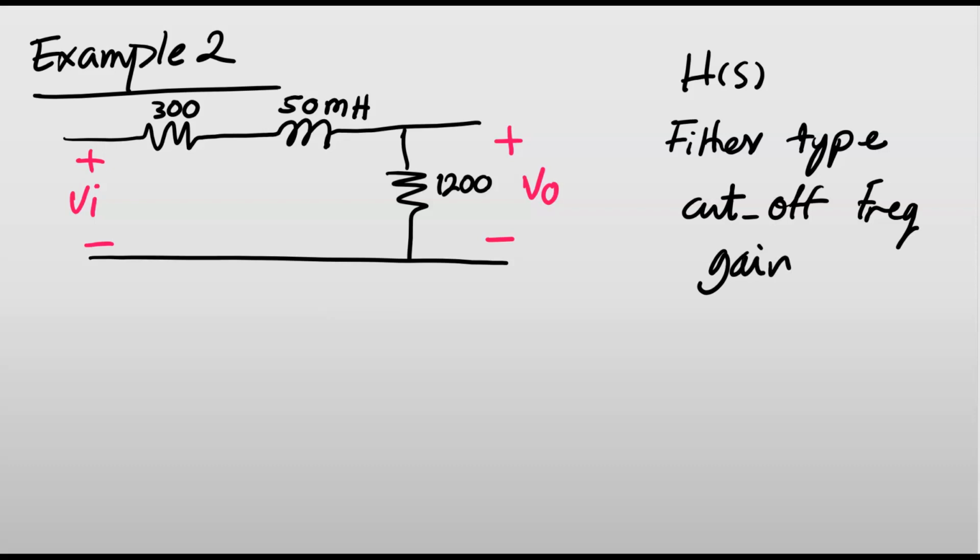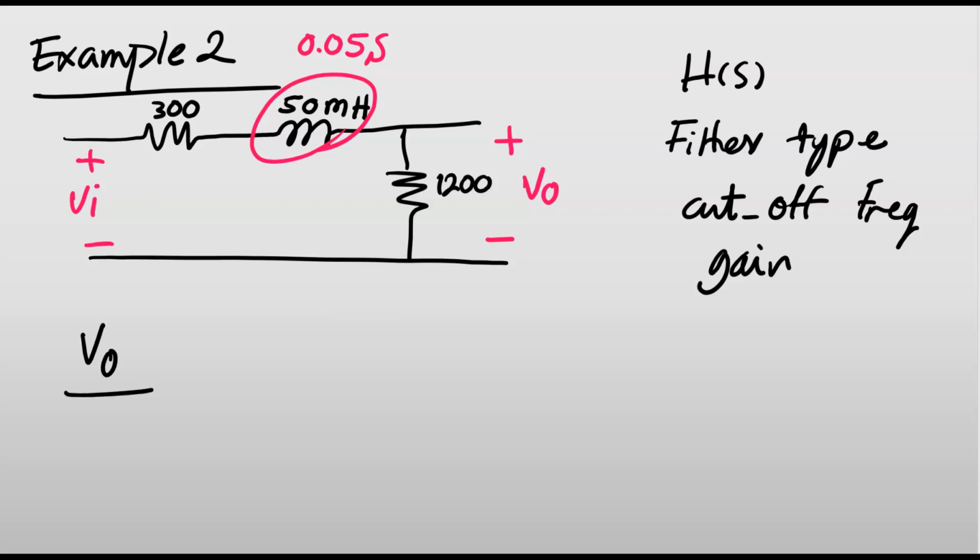Okay, so what I have to do first in order to evaluate this filter and see what type of filter I have is to find the transfer function. In order to find the transfer function here, I need to do a voltage divider. So before doing that, let me remind you that for the inductor, I need to describe it by its impedance, which is going to be 0.05 s. Okay, now I'm ready to do the voltage divider.